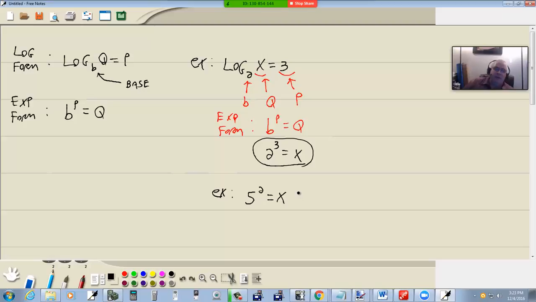Now on the other hand, if we have something in exponential form and you want to rewrite it in log form, well, same idea. We want to identify our b, p, and q. Your power is always your p. What's to the left of that is going to be your b, your base. And then what's on the other side of the equals will be your q.